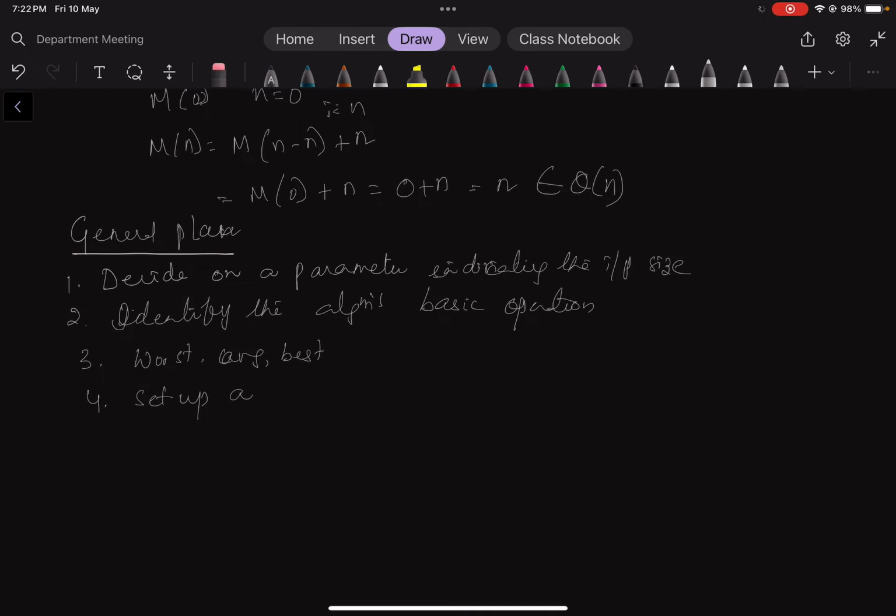Set up a recurrence relation with an initial condition. If the initial condition is not there, then it is very difficult to solve the recurrence relation. This recurrence relation is in regard to how many times the basic operation is executed.